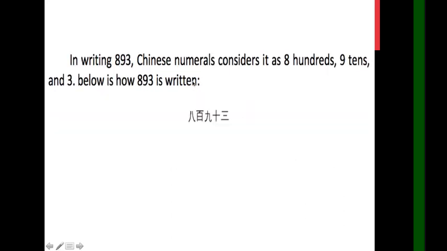Halimbawa, 893. We have 800s, 9 tens, and 3 ones. Below shows 893. This is 8, then the 100 place, this is the symbol for 9, then the 10 place, and then the symbol for 3. Maglalagay lang tayo ng mga place value.